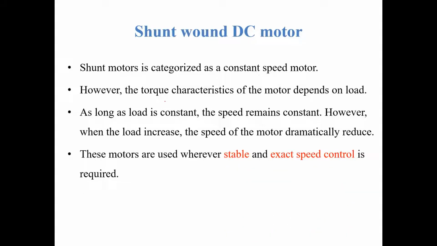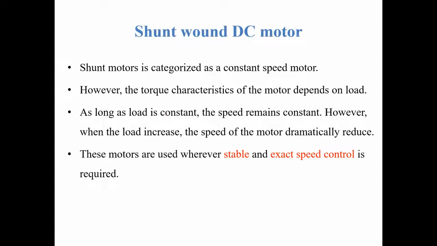The shunt motor is categorized as a constant speed motor, the same as the separately excited motor. In the separately excited motor, it is almost a constant speed motor, except that it depends on the load. But when we look at all the DC motors, whether shunt, series or separately excited, they are load dependent.